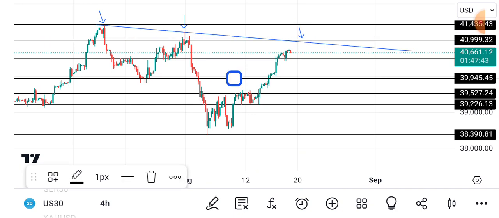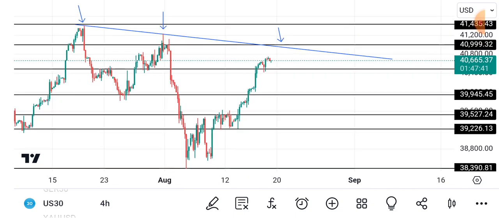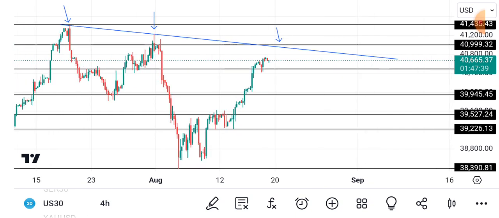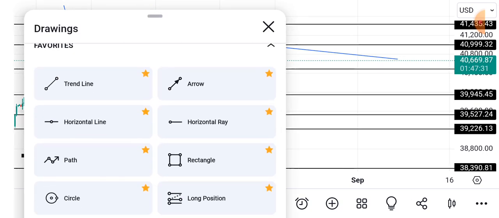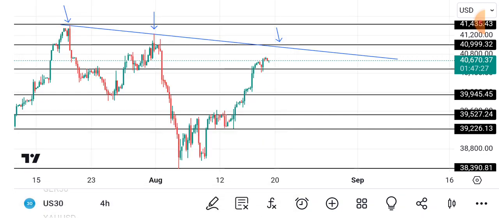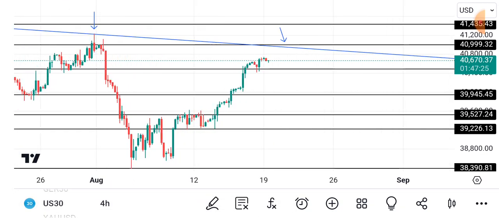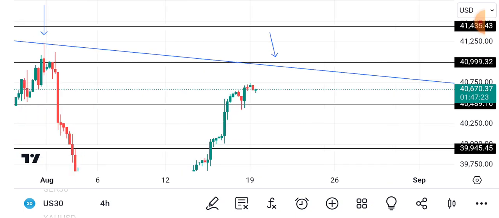Our initial target is there because there's a zone and there's a trend line. So we call that confluence. You just know that it's gonna take place like that because we have 2 confirmations that the market is going there.